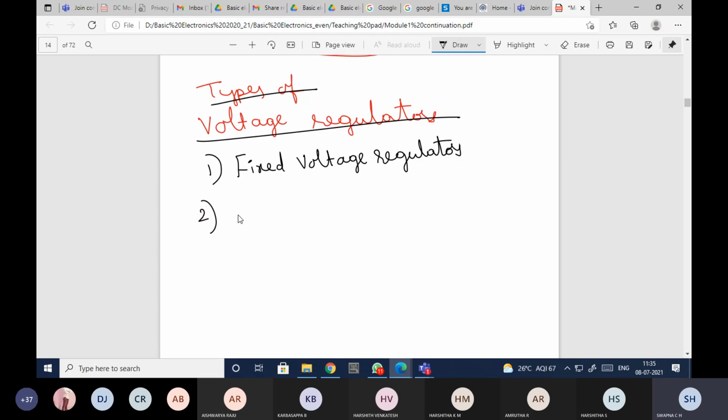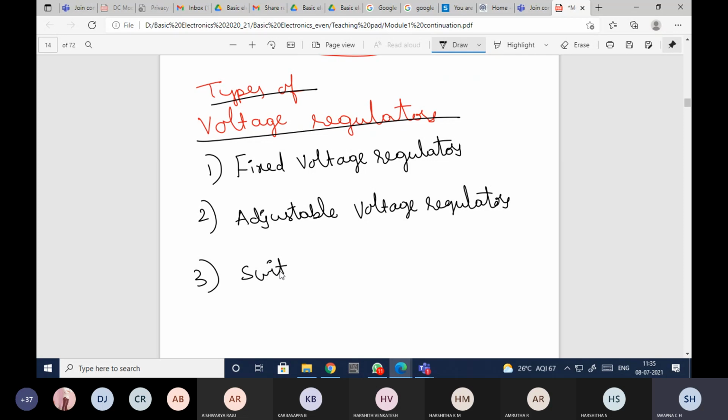The second one is adjustable voltage regulators. And the third one is switching regulators, switching voltage regulators. So these are the three types of voltage regulators we have: fixed voltage regulator, adjustable voltage regulator, switching voltage regulator.